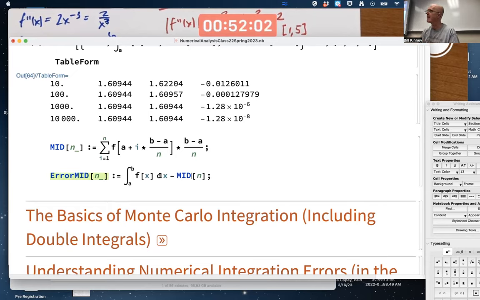We're using constant approximations to the function effectively instead of trapezoids. But because we're using the midpoint, it generally does a much better job, and it even does better than the trapezoid rule.